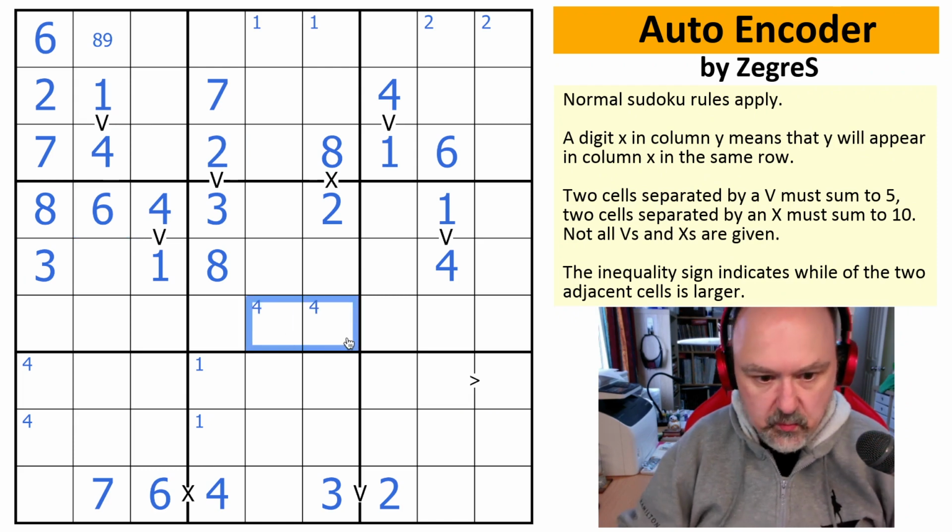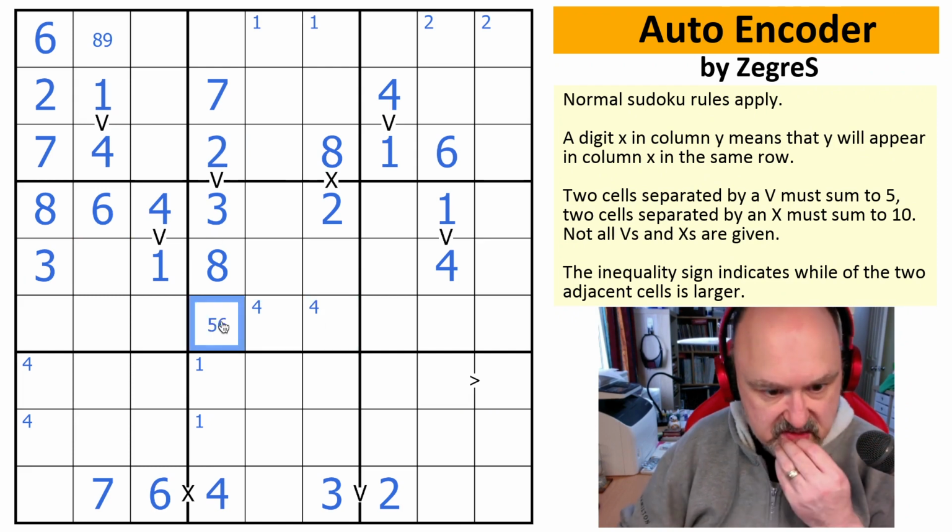So 4 has to be in one of those 2, which means in column 4 we need a 5 or a 6.